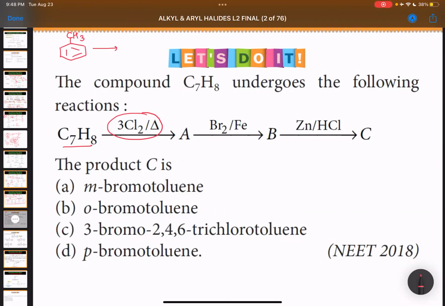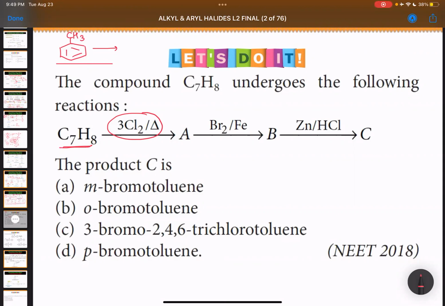Benzene is C6H6. So there must be one carbon extra, and that carbon also brings some H atoms along with it. So it is toluene, or methyl benzene. Toluene is the common name and this is methyl benzene.